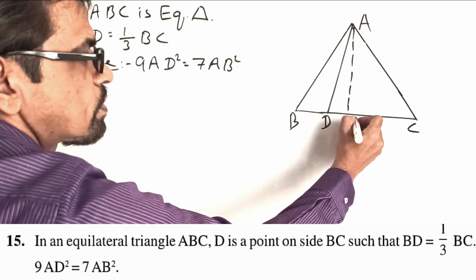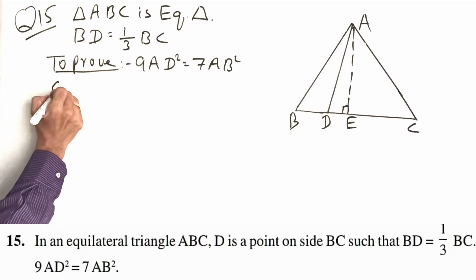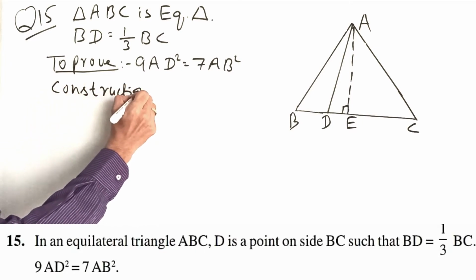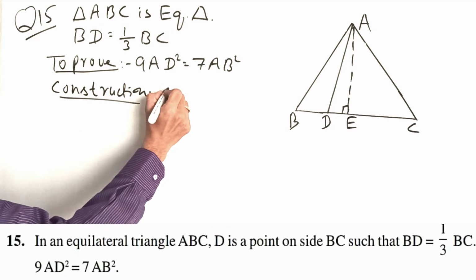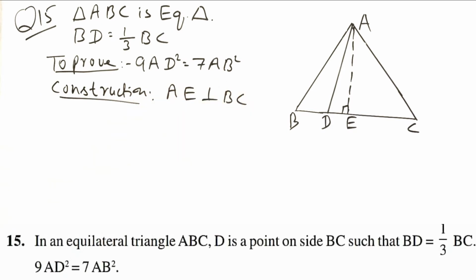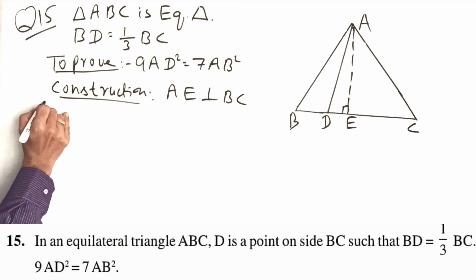Let us draw AE perpendicular to BC. Now we can get the right angle triangle. So let us start the proof.